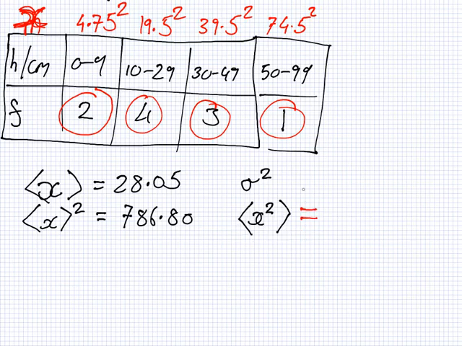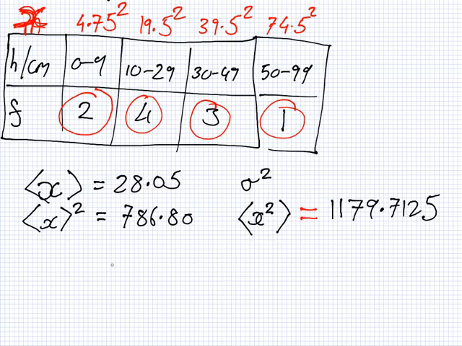Did you get an answer, Marcelo, for the x squared part? What did you get? Too big? 1179. Yeah. Why do you sound surprised? 1179.7125 is what I got.